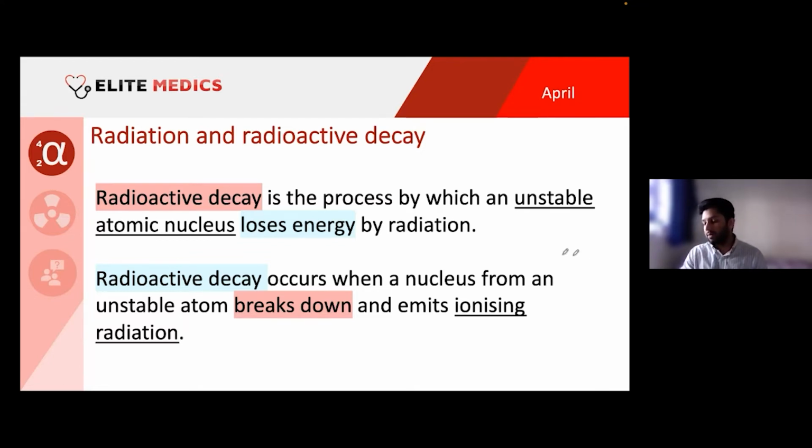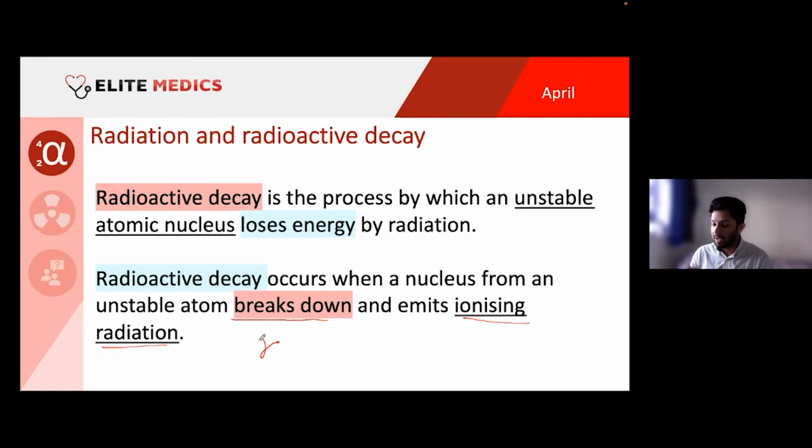So radioactive decay occurs when a nucleus from an unstable atom breaks down and emits ionizing radiation. The one exception to this really is gamma, where the nucleus doesn't really break down as such. What happens in gamma radiation is a very similar thing. Remember, it's an unstable nucleus and it's got a lot of energy that it doesn't want anymore.